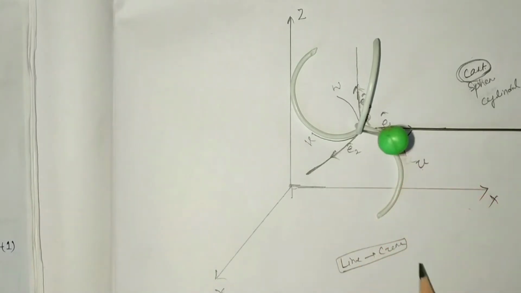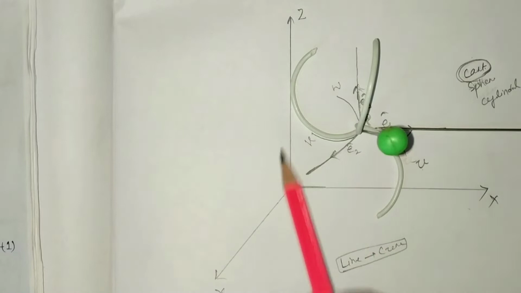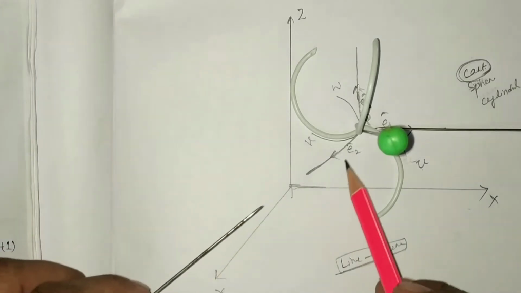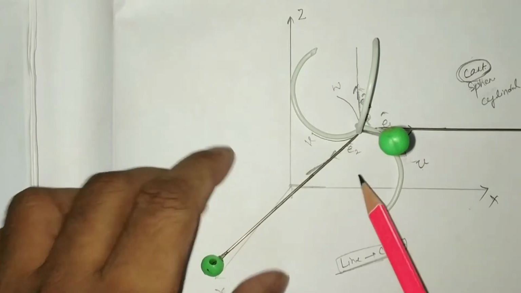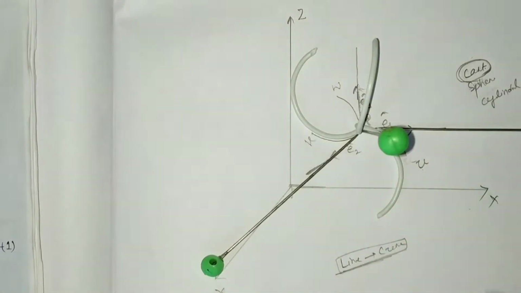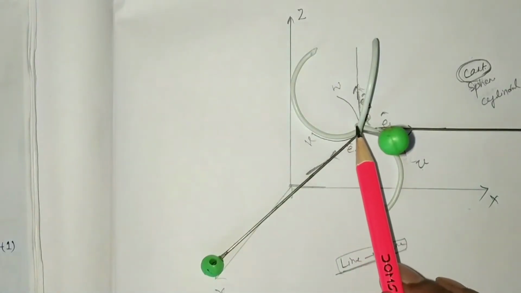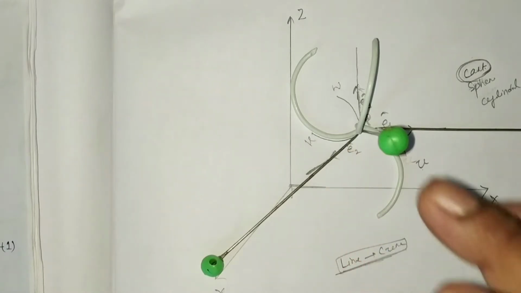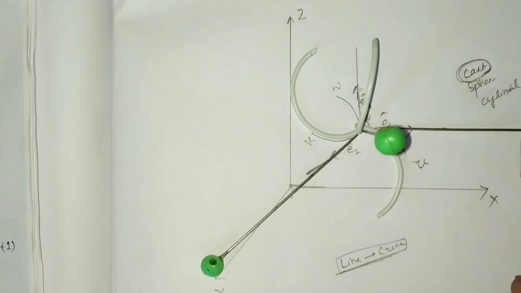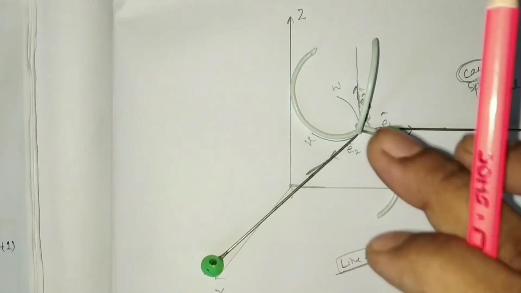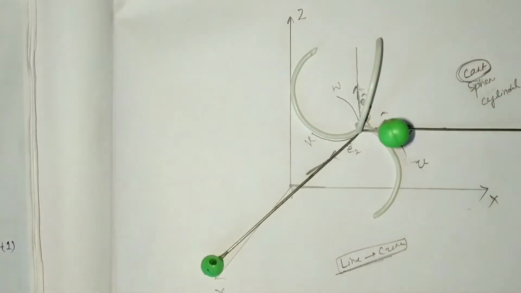If this V curve is a straight line, since a line is also called a curve, it will be like this along the y-axis, right? And if the W curve is a straight line, then along the z-axis, perpendicular to both x-axis and y-axis. This one will be called your W, right?